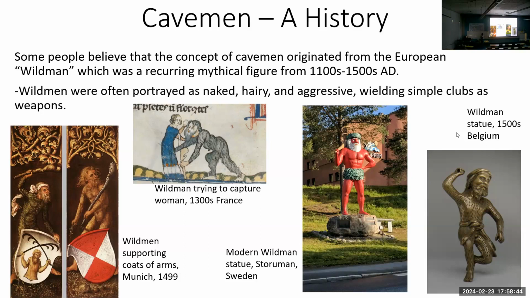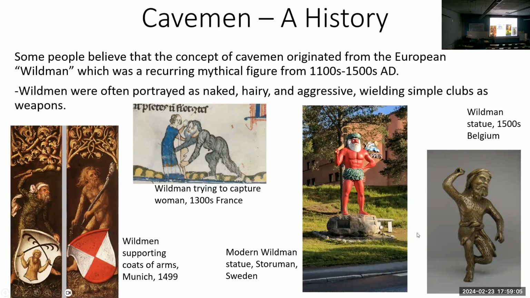And there's a lot of similarities between these wild men and cavemen. They were portrayed as naked or almost naked, hairy, aggressive, often wielding simple weapons like clubs. They were common decorations on coats of arms, like this one here. There's also some statues of cavemen you can find throughout Europe.